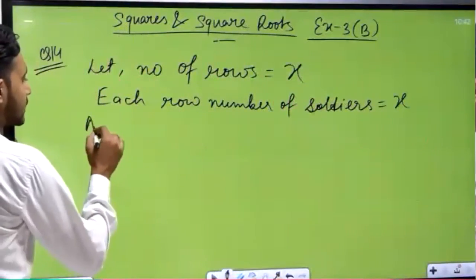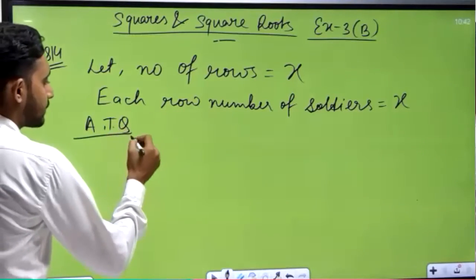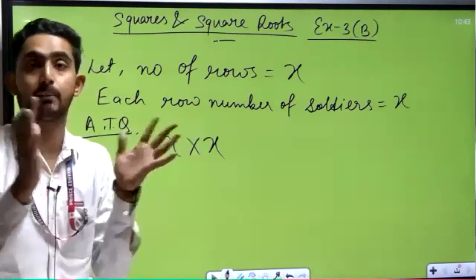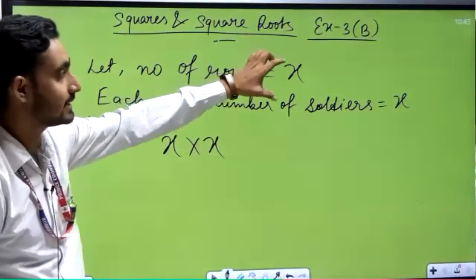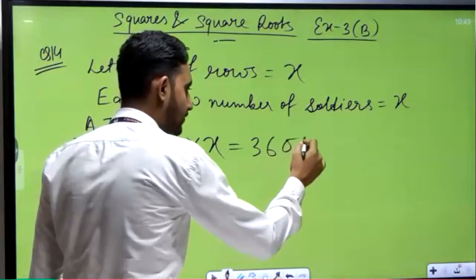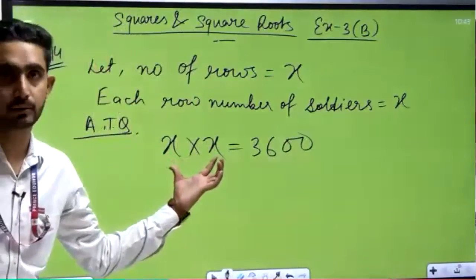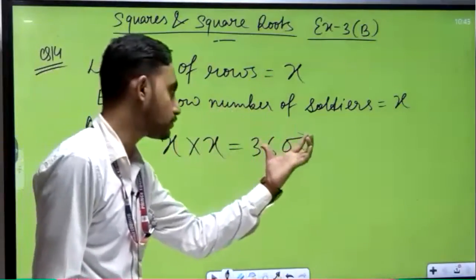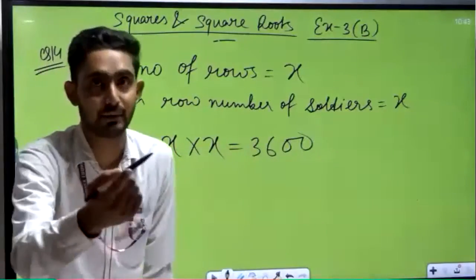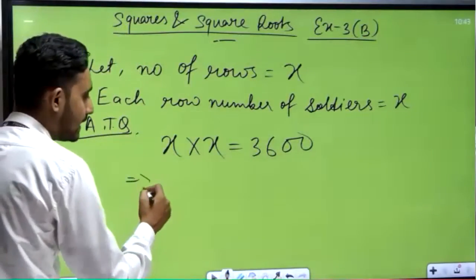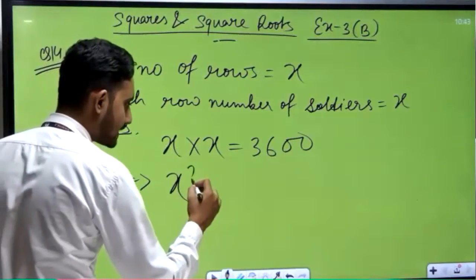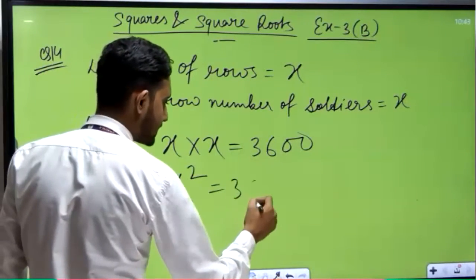Now according to the question, x multiply x, because this is the total number of soldiers according to our consideration, and in your question that is given 3,600. This is the considered value and this is the given value. So can we write like this? x into x, how many? x square. x square is equal to 3,600.